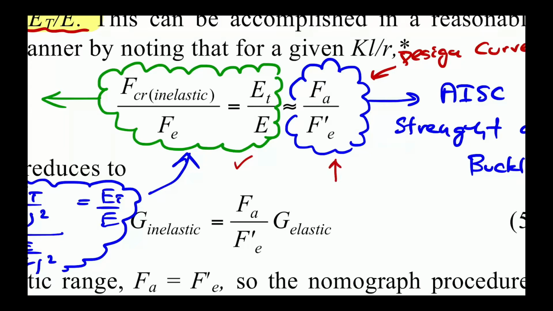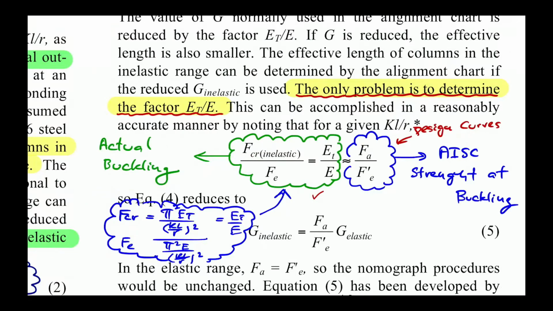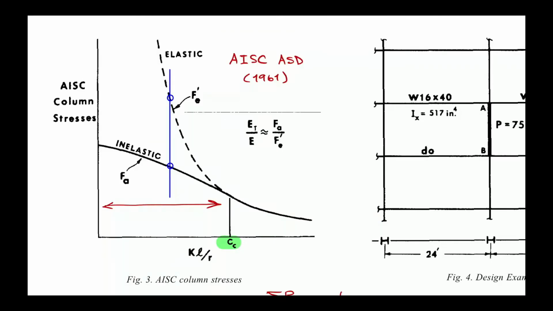Okay, so that means the column curve we are talking about is not the real value. It is just the number we use in the design, but it is handy, it is good enough, it is very convenient. So you say, well, just do it, just use this, just equate the ET over E ratio to the F_a to the F prime E ratio, and then let's take a look. So F_a is the inelastic buckling stress, and F prime E is the elastic buckling stress, which in reality you have this transition, right?